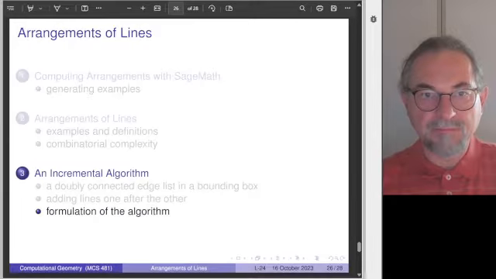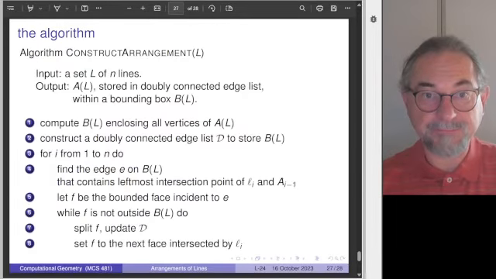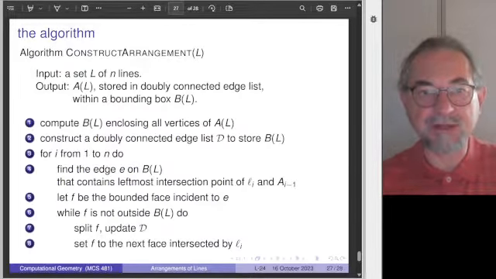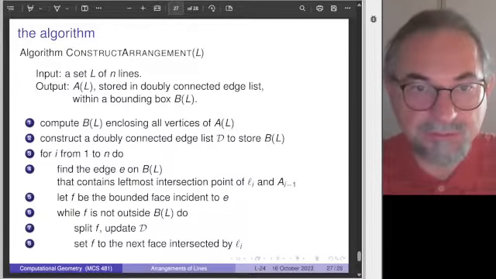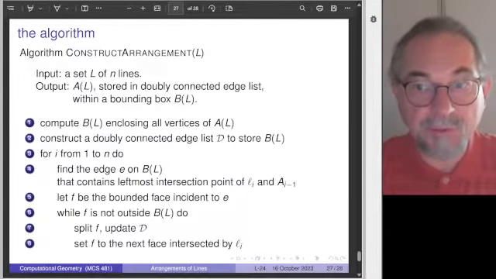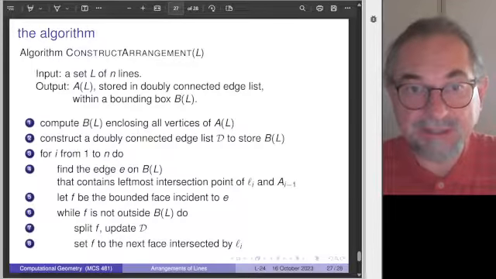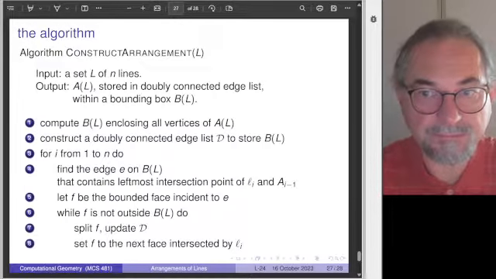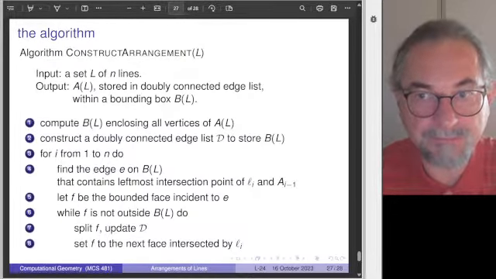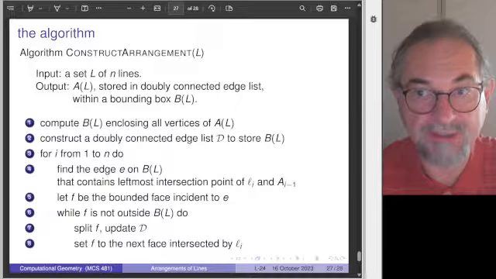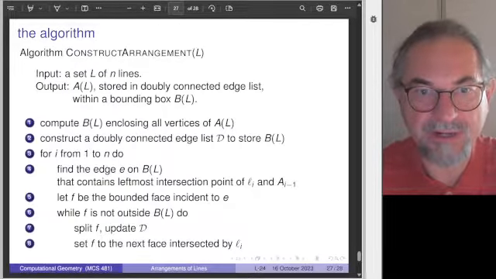Okay, that's almost it. So here we have the algorithm. We will get back to the algorithm in the next lecture and indicate its total cost. So we have to show that the cost does not exceed n squared, where n is the total number of lines.